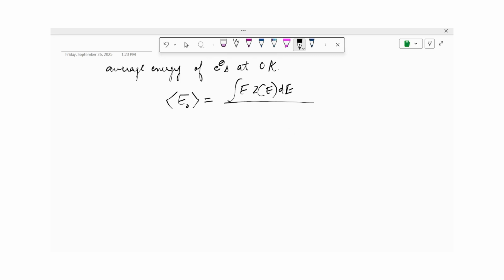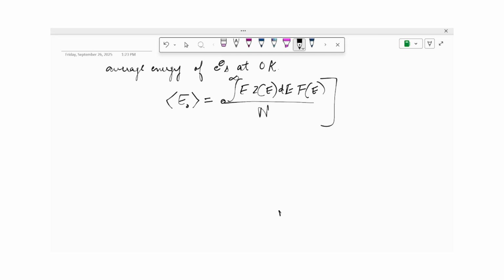And of course, the Fermi function should come into the role because this will be integrated from 0 to infinity. Also, we will have to divide by the total number of electrons. So this is the expression for the average energy of an electron.